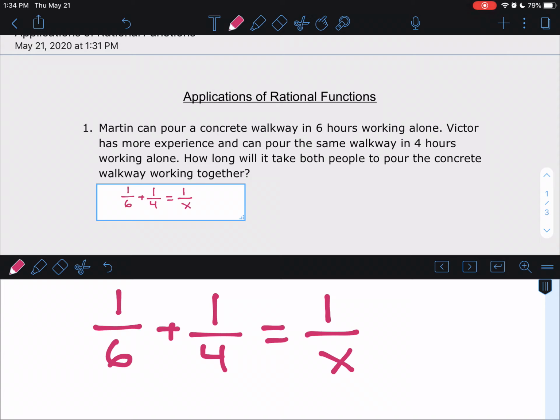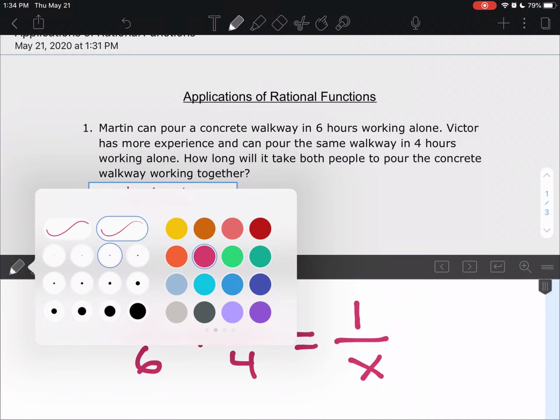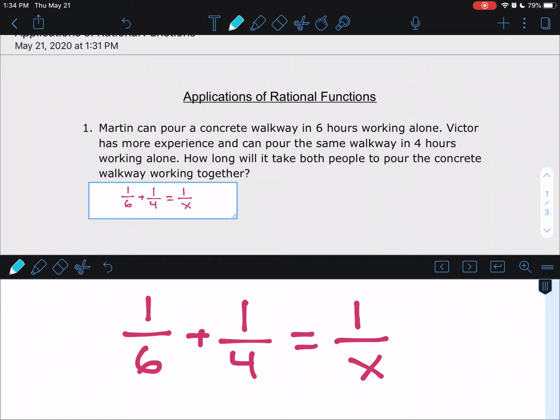So just like with the last video when we were solving the rational expressions, I have to find a common denominator. And between 6, 4, and x, I know it's going to have an x in it, and then the least common multiple of 6 and 4 is 12. So this means I'm going to be multiplying these fractions.